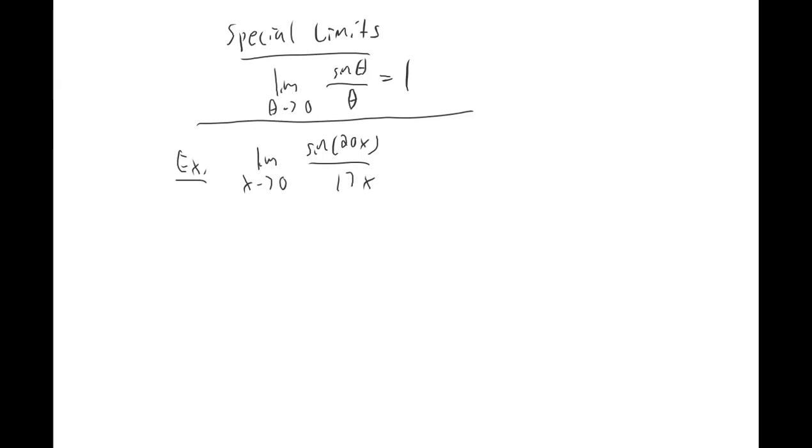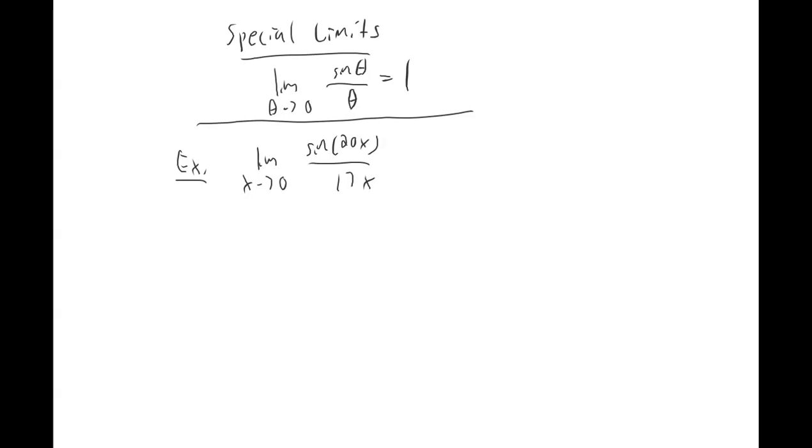If you get 0 over 0, you know there's some cancellation or algebra you have to do. It's not obvious, because before, with polynomials, you would factor it. Here you can't really factor sine, so we basically use the special limit.